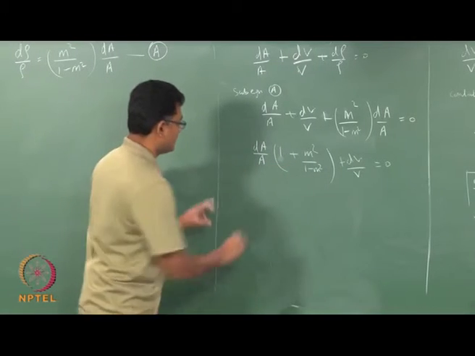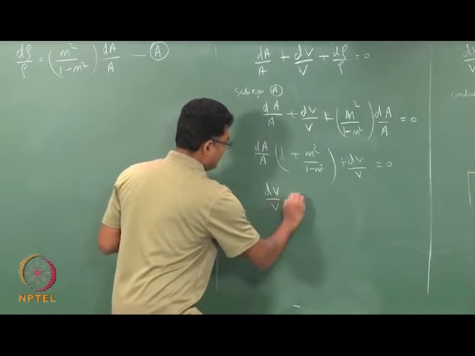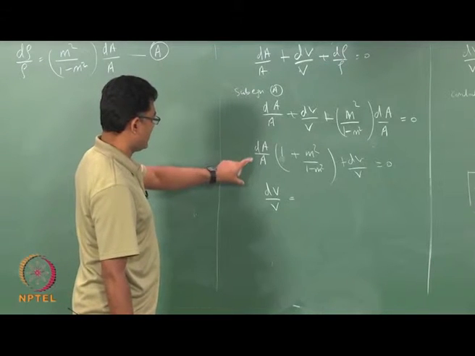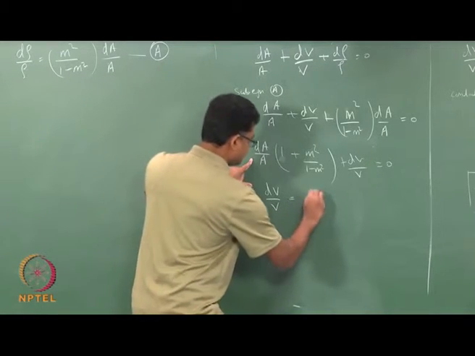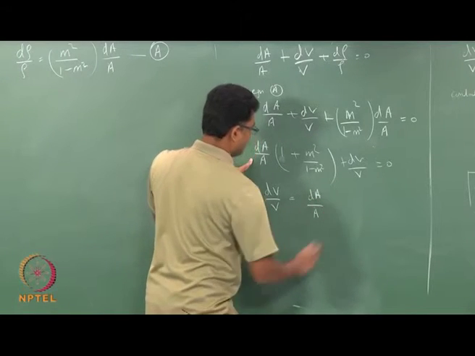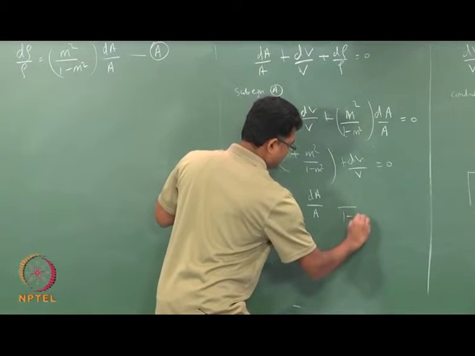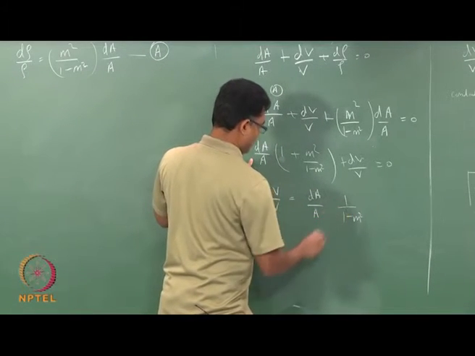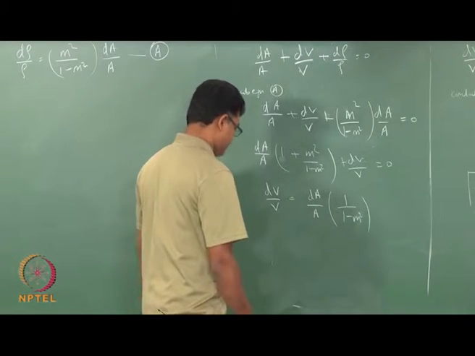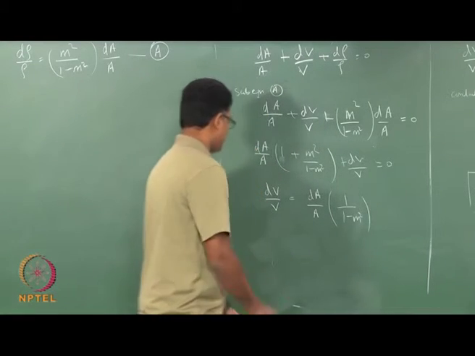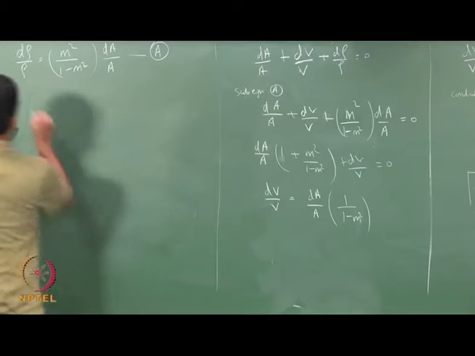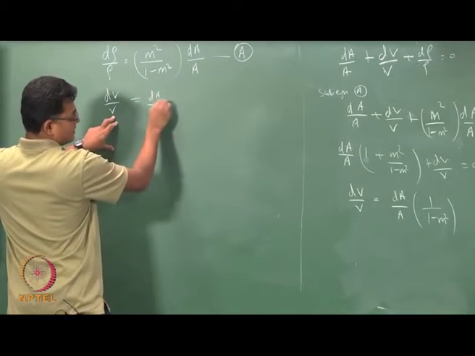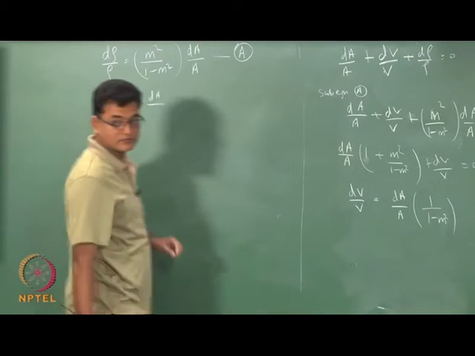So, I can write my dV by V in terms of Mach number and area change. dV by V equals minus dA by A by 1 minus M square. So, I can take this equation and write it down here for discussion later in the lecture.